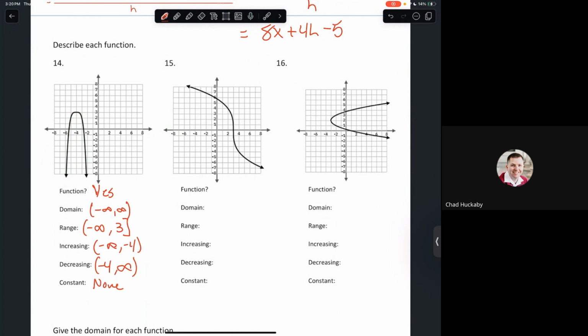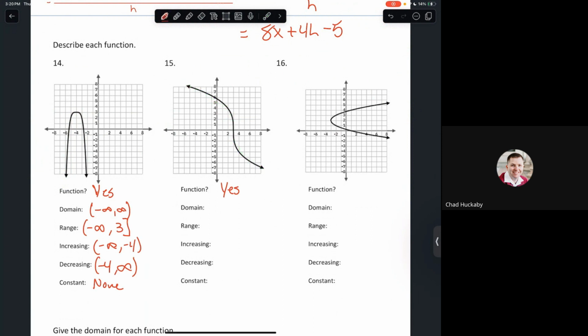Okay, on this next one, this nice little reverse S-shaped graph, is this a function? Well, there are no vertical lines that I can go through there that would cross it more than once. So yes, this is a function. Again, from left to right, the domain x goes off to negative infinity, and then we go to the right and it keeps going.